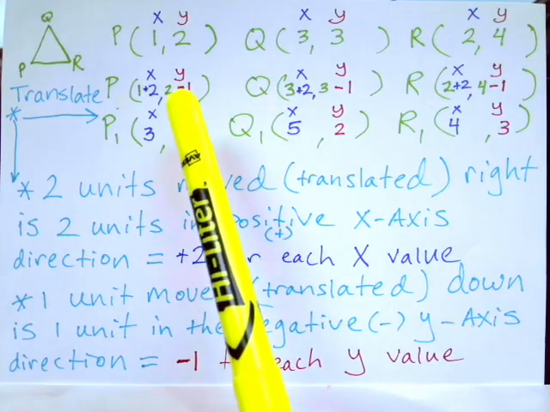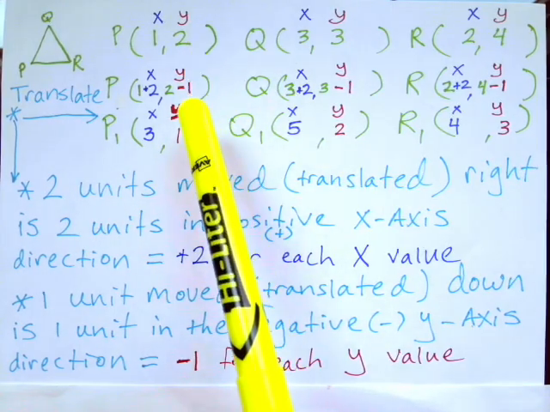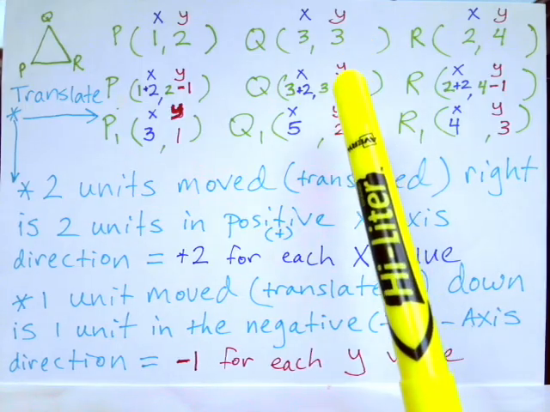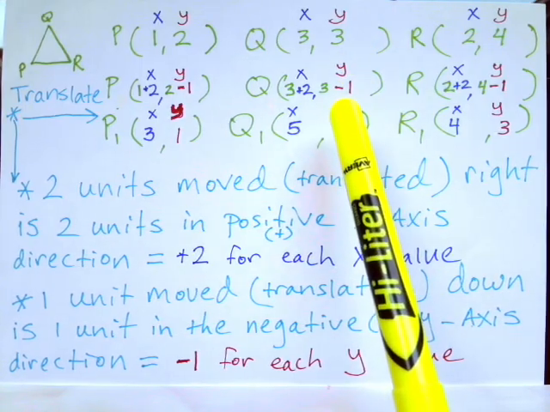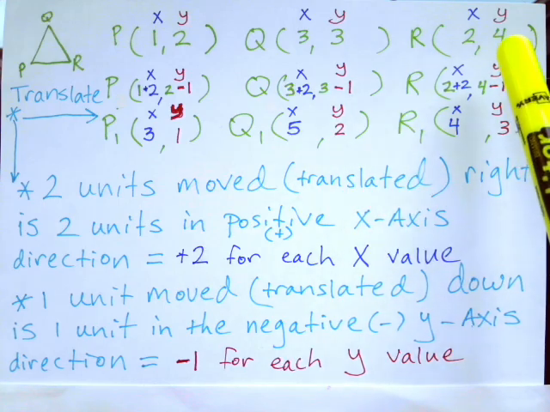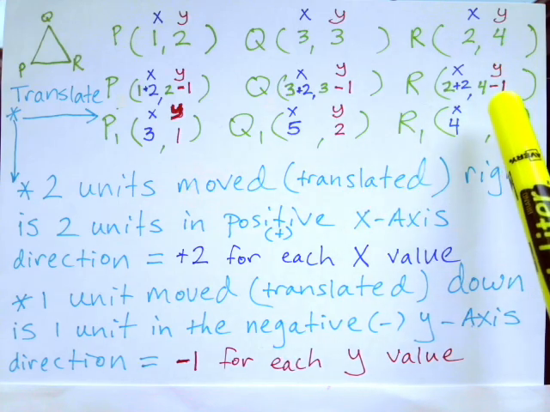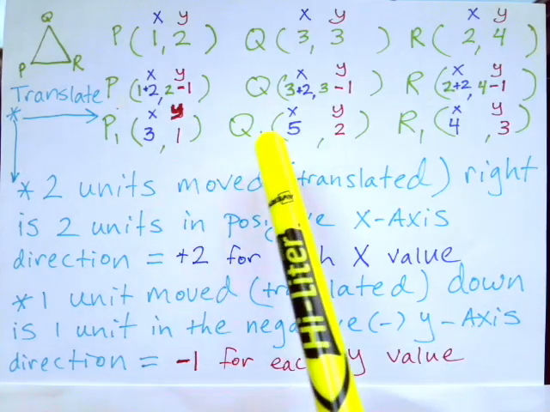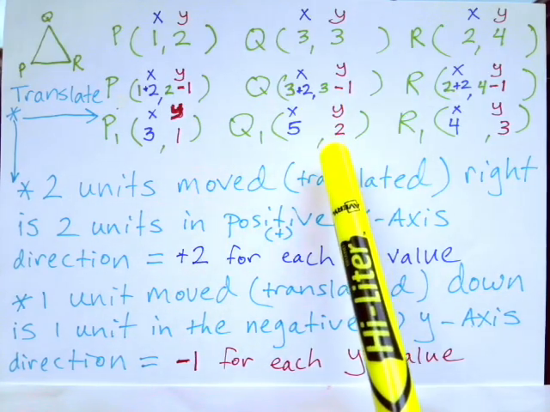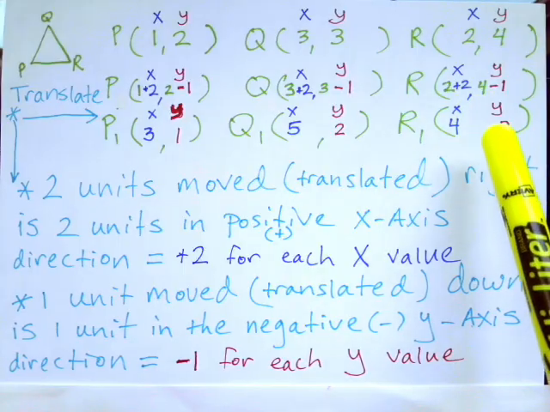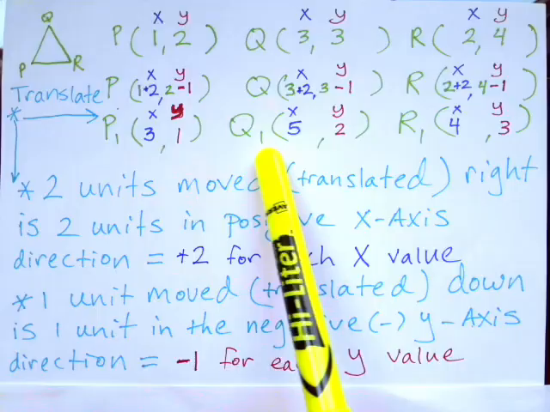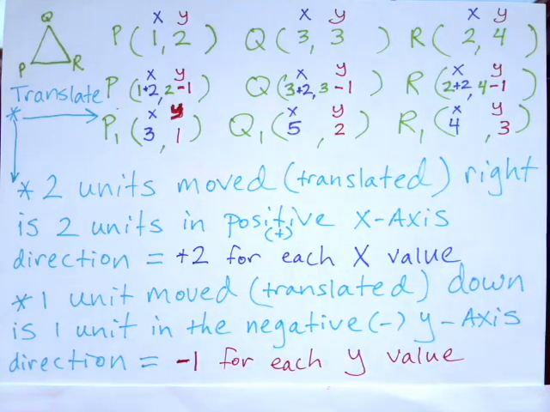And that's what you see me doing here. 2 minus 1, or 2 plus a -1. 3 plus a -1, or 3 minus 1. 4 plus a -1, or 4 minus 1. 2 minus 1 is 1. 3 minus 1 is 2. 4 plus a -1 is 3. So I now have my new coordinate points that have been translated in P1, Q1, and R1.